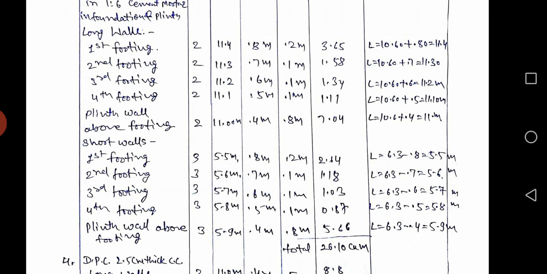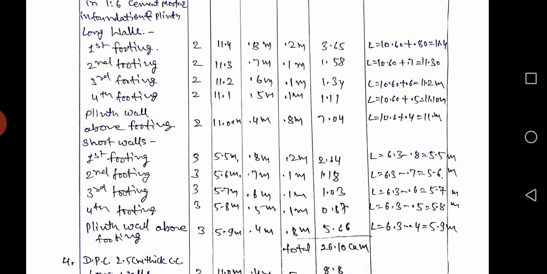So in short wall, the height and the width are the same as long wall. Only the length is changed because on both sides the center to center width is subtracted, since it's already calculated in long wall. So total quantity is 2.64 cubic meter.